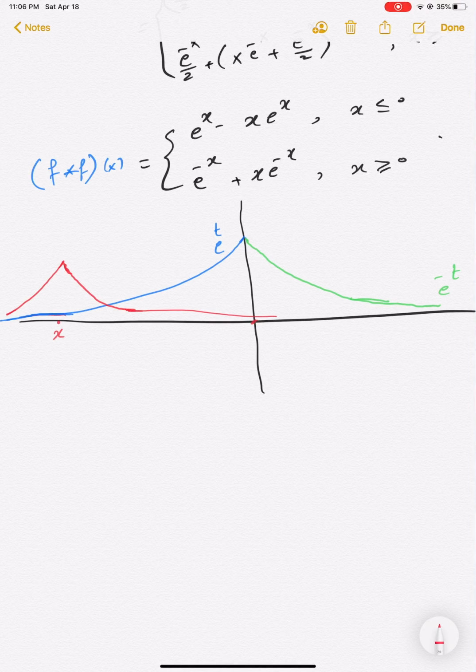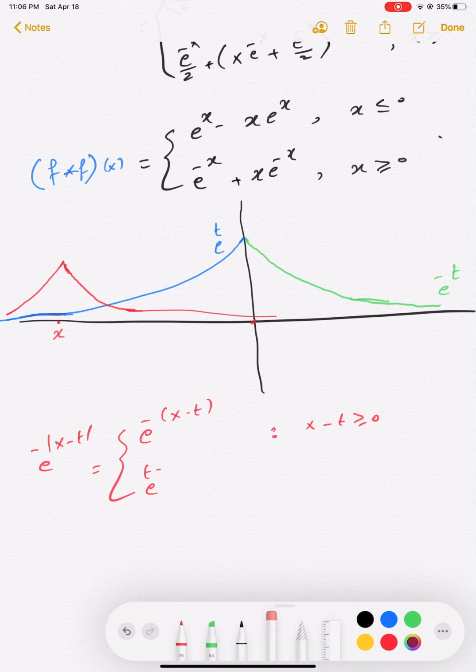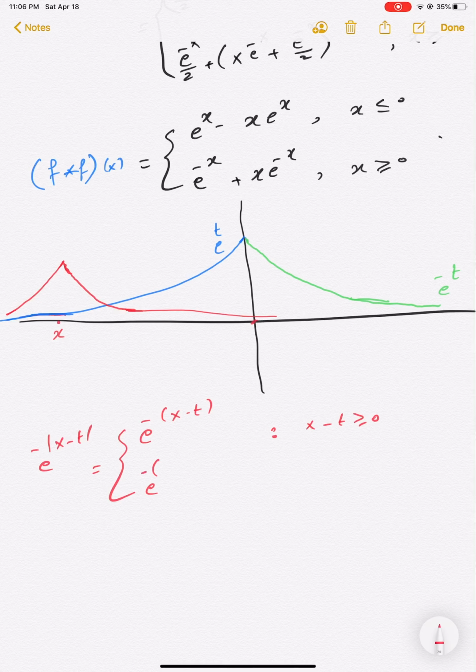So what is this red curve? It's e to the minus absolute value of x minus t, which is basically e to the minus (x minus t) when x minus t is positive, and e to the minus (t minus x) when x minus t is negative.